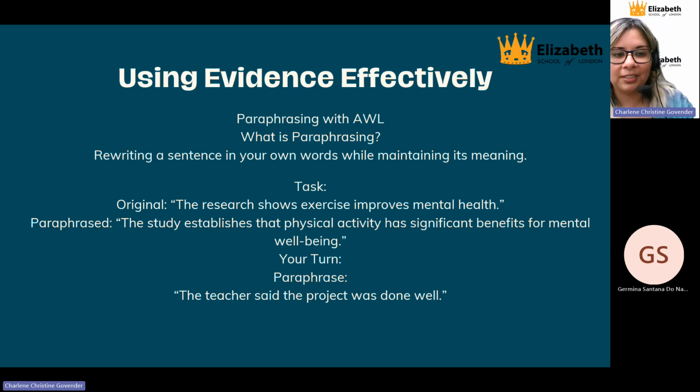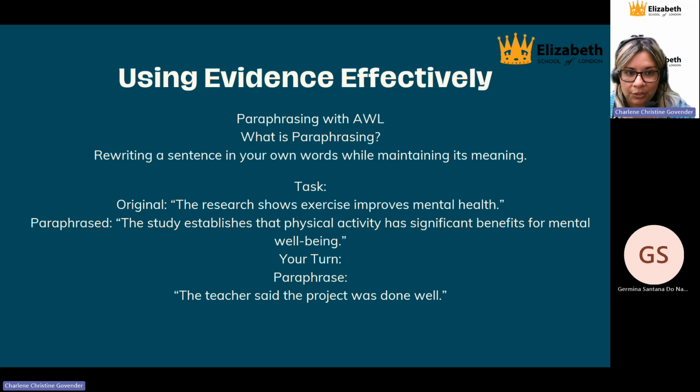Okay, so paraphrasing is when we rewrite a sentence or paragraph in our own words while maintaining its meaning. Now, this is very important in academia because if we don't paraphrase, it means we are committing the act of plagiarism. Plagiarism is when we write down information without paraphrasing it, without adding a citation.